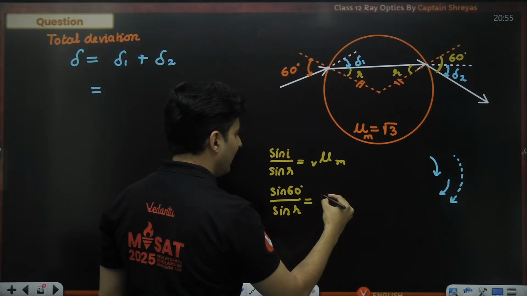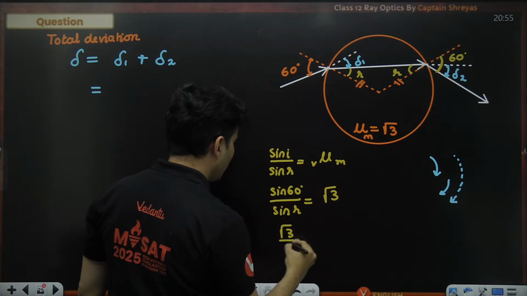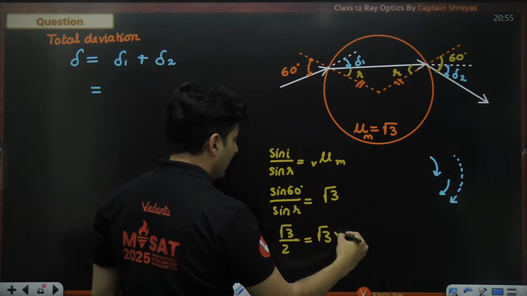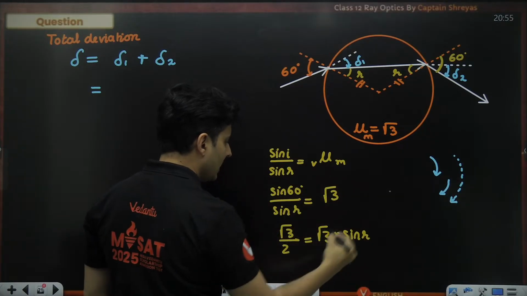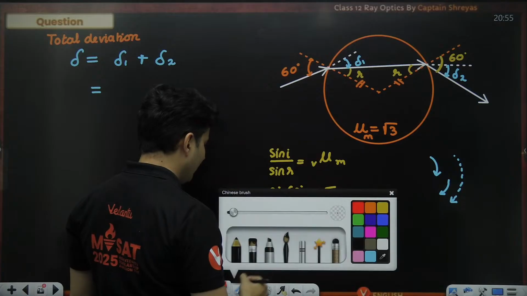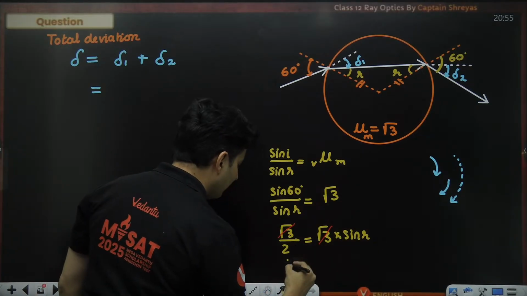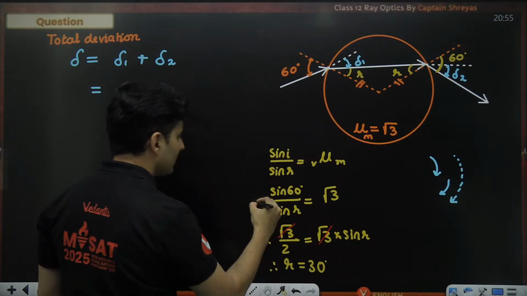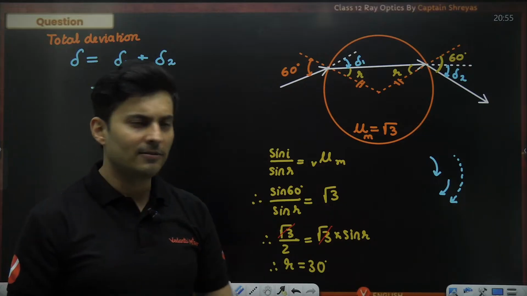The relative refractive index is root 3. So sine 60 is root 3 by 2. Okay. And this is root 3. Sine R, I will take it on the top. As you can very nicely see, this root 3 and this root 3 went off. So sine R is half. So sine R is half means R is nothing but 30 degrees. That is quite obvious, isn't it? Whose sine is half? Sine 30 is 0.5 or half.